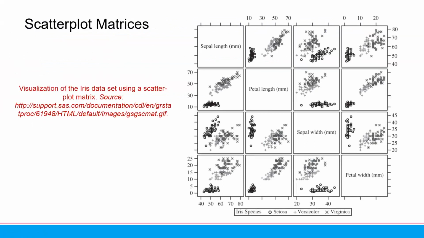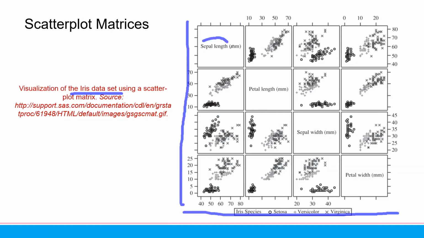We call this the scatterplot matrices. Here, if you still remember the iris dataset, we can plot between two different attributes. We have the sepal length, petal length, sepal width, petal width, and we can plot all of them at once.